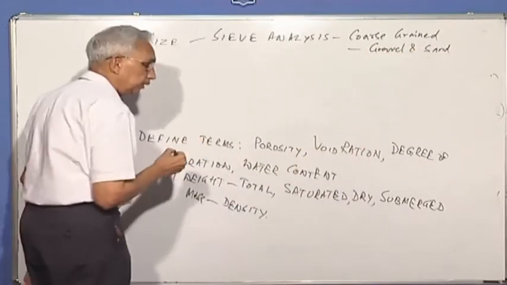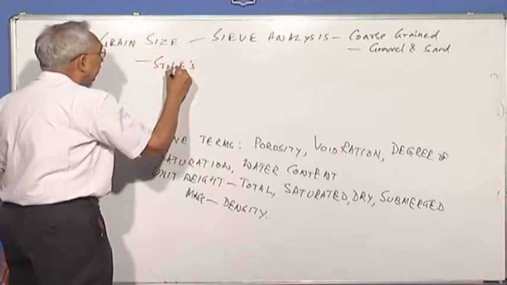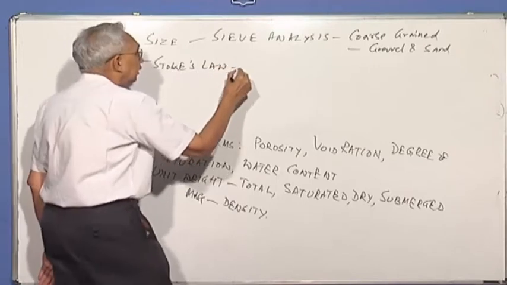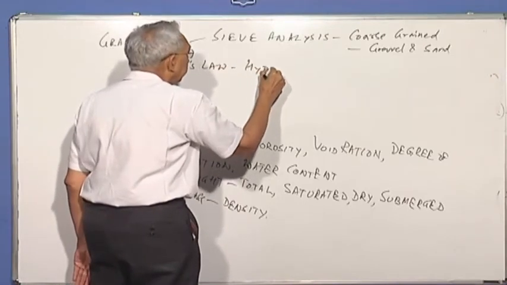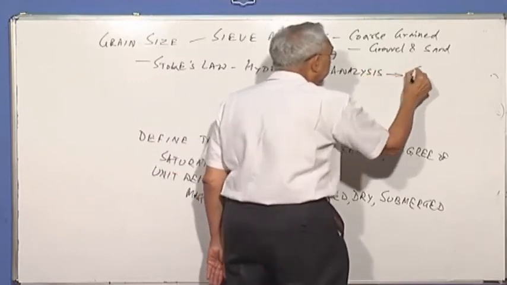Then we use the principle of Stokes' law, which gives the velocity of a falling particle, for what you call hydrometer analysis. Please remember, this is only for the silt fraction.